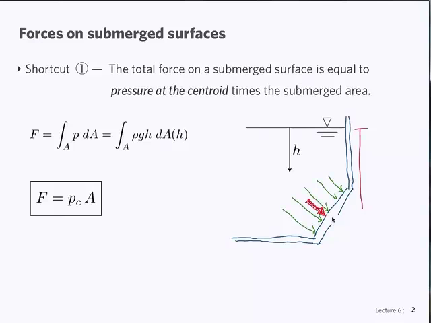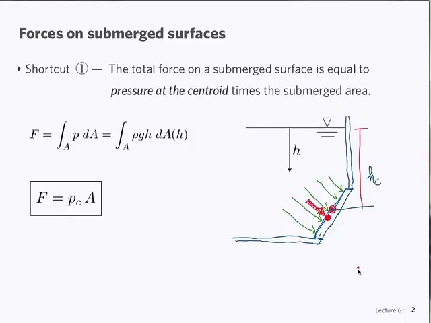There's an issue here that I need to be clear about: the resultant force we can calculate using the pressure at the centroid, but the point of action of that force is not at the centroid. The geometrical centroid would be somewhere, say, this point here. This is h of the centroid. But the point of action of the force is not at that point.